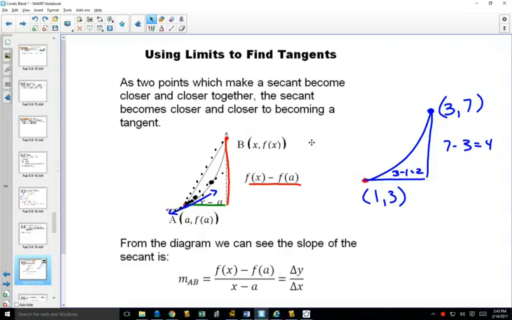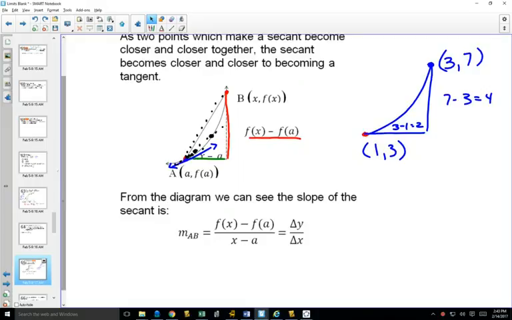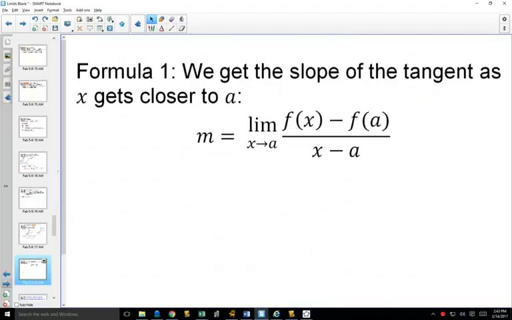How do we write that? Well, the slope of my secant is my rise, f of x minus f of a, over my run, which is x minus a. If I want to find the slope of my tangent, I want my x value to get as close to my a value as I can.